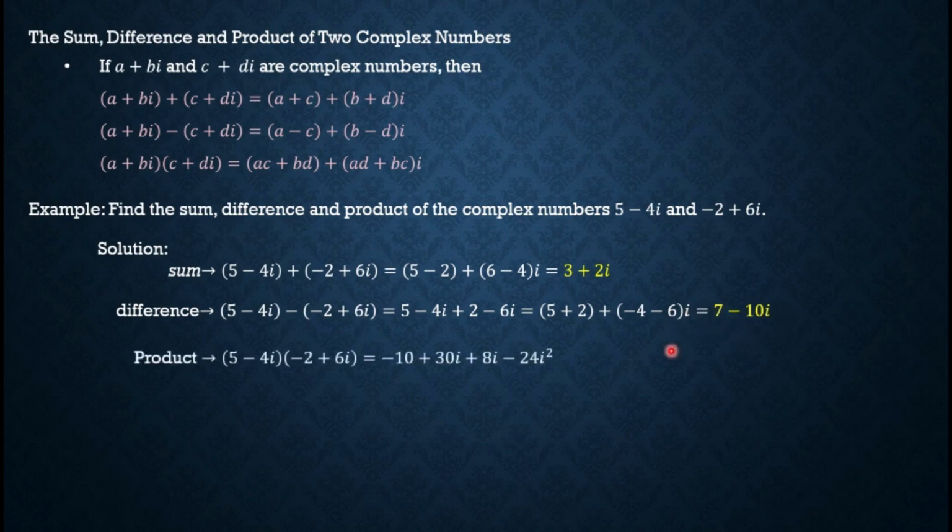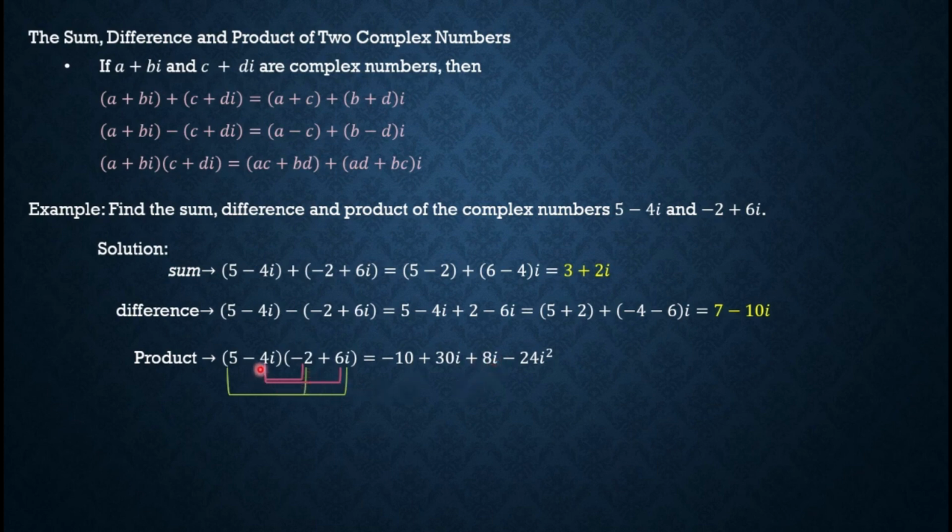So, next, the product is the process of multiplying. So, 5 times negative 2 is equal to negative 10. 5 times 6i is equal to 30i. Then, negative 4i times negative 2 is equal to 8i.